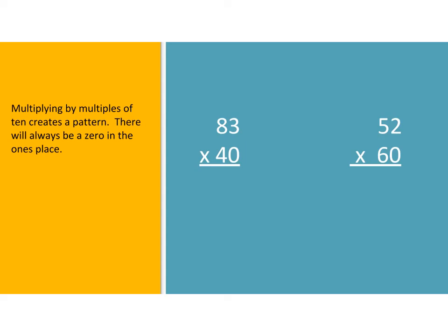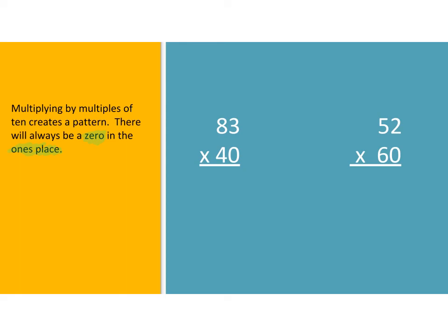When multiplying by multiples of 10, this creates a pattern. There will always be a 0 in the ones place. So let's look at 83 times 40.